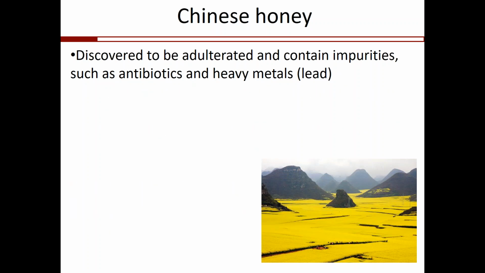This is the brassica field or canola field in China, and it's literally like a field of gold. So they produce a lot of canola honey, and canola honey is very unfavorable because of how the sugar spectrum is. The honey will crystallize very fast, which makes it undesirable for consumers.